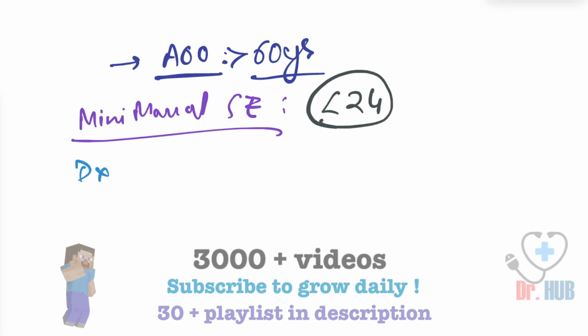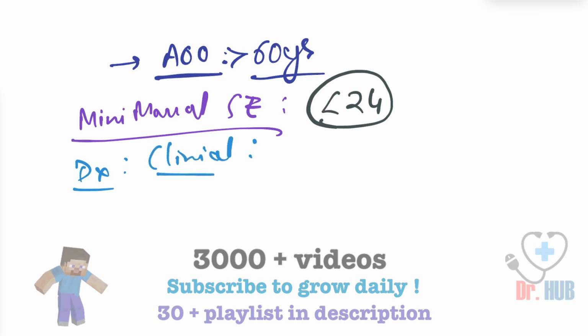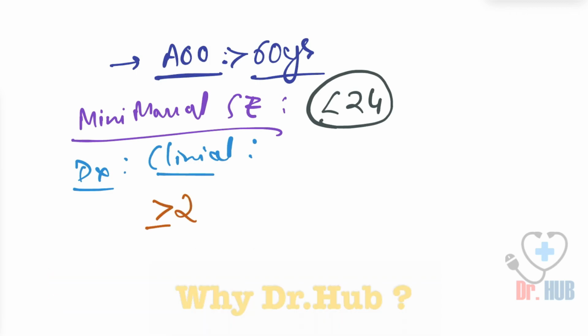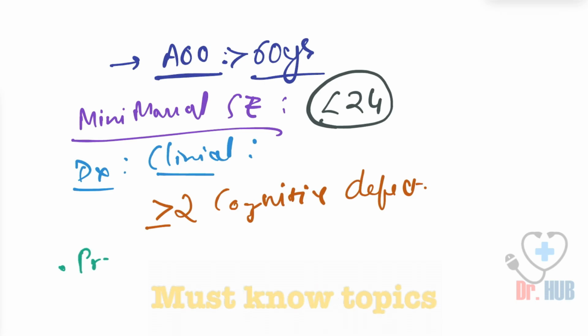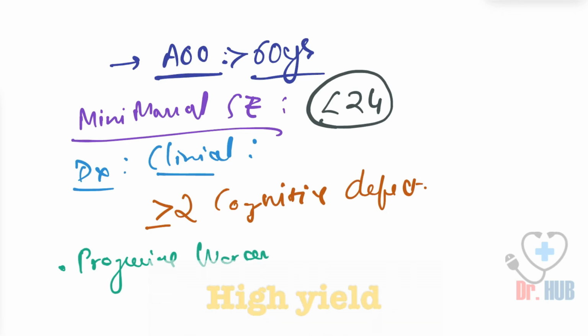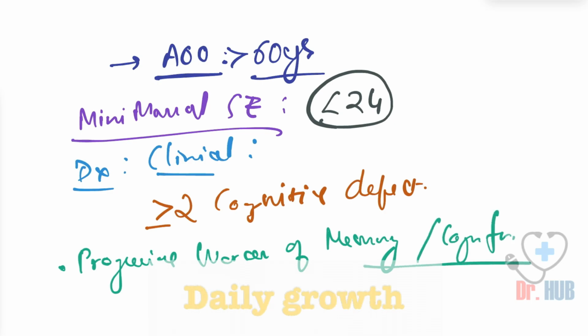Then we have the diagnosis. The diagnosis is basically clinical. So what does this include? There are two or more, that is, greater than 2 cognitive defects, and there is progressive worsening of the memory as well as the cognitive function.